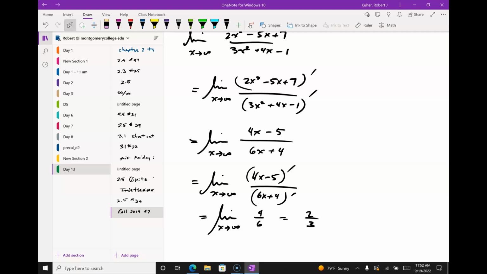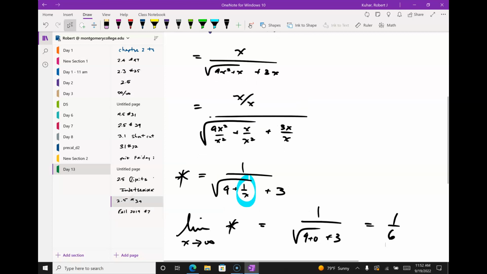Bring down the 2, reduce the power by 1. Yeah? Okay. Ephraim, good? Nice.